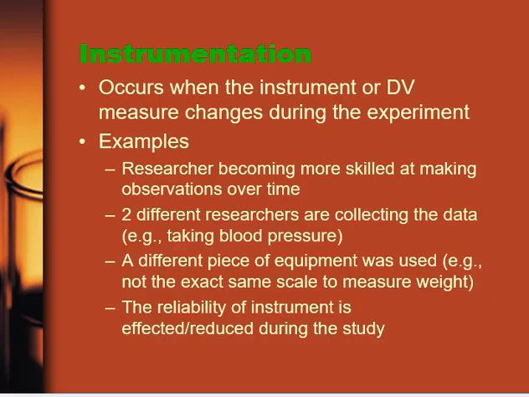It could also be that your equipment changes. For example, if you were measuring people's weight in a study, and your scale gets broken, I don't know, something bad happens to the scale, and then you have to buy a new scale to complete the experiment.